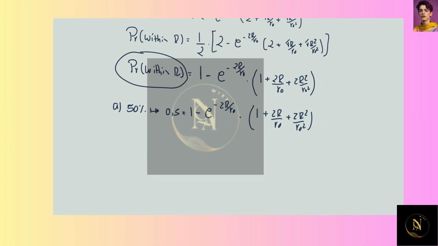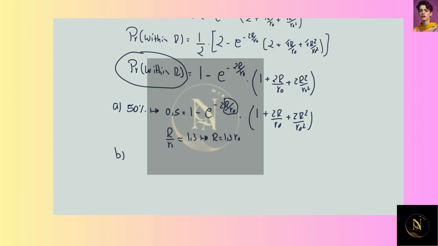We can solve this equation numerically using a computer for R divided by R0. By doing that, we get R divided by R0 is approximately 1.3. Then, in the first item, big R is equal to 1.3 times R0.